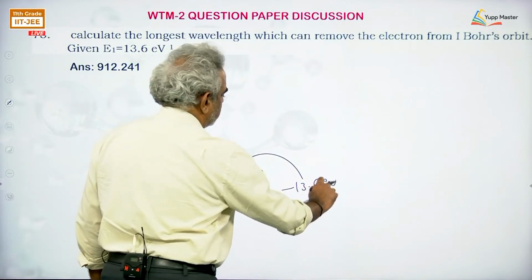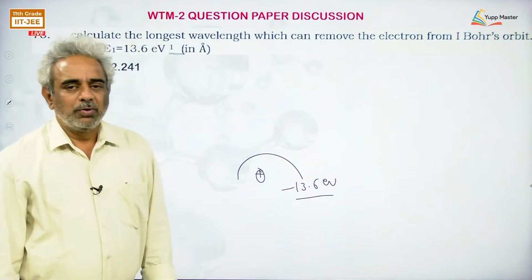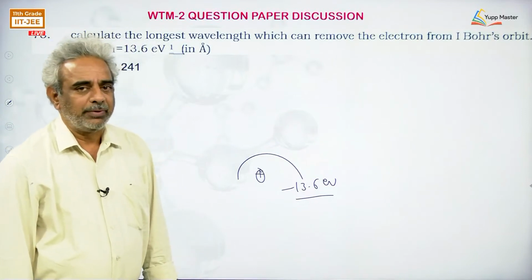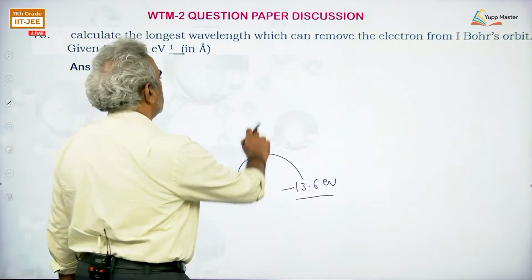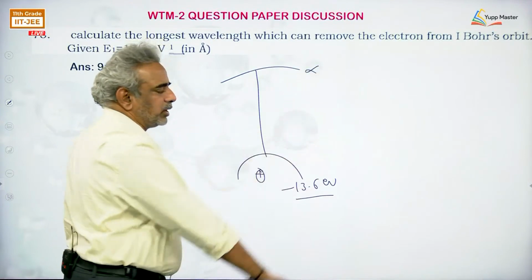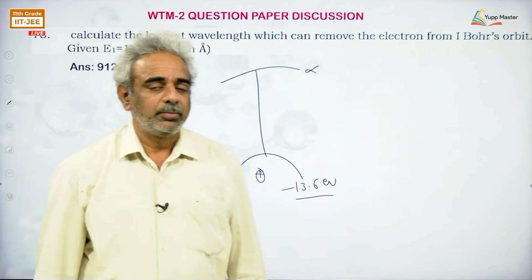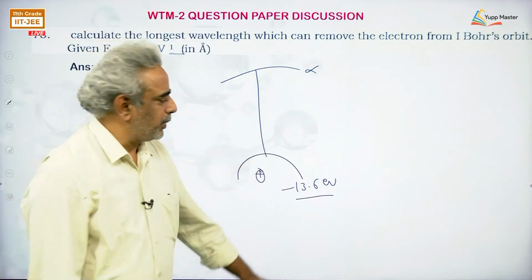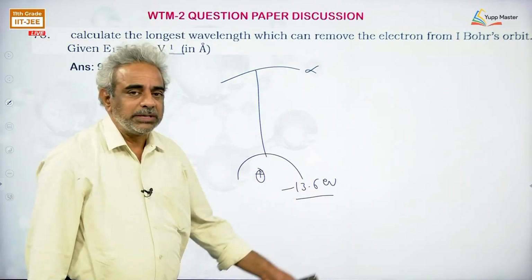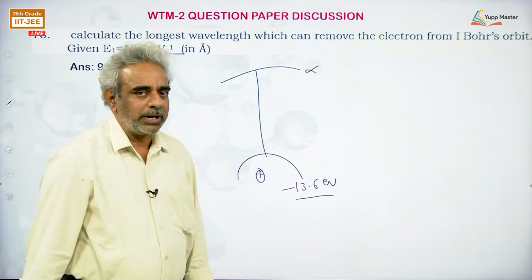Minus 13.6 electron volts. You want to remove this electron completely from the hydrogen atom, meaning you have to take it to infinite orbit, or make its energy 0 with reference to this atom. So, how much energy should you supply? 13.6, because it is a hydrogen atom, there is no Z² issue.